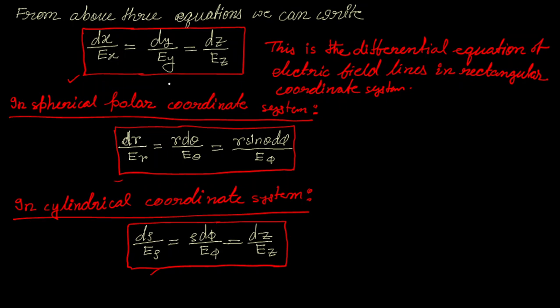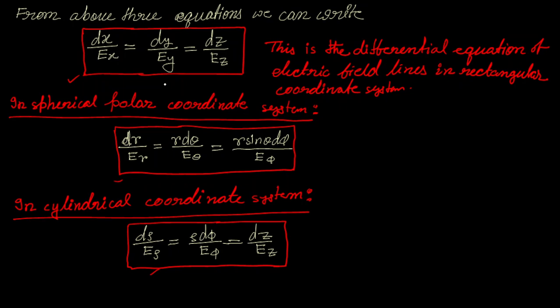So for any kind of charge, if we want to write the equations of electric field line, first we have to consider any arbitrary point. Depending upon if it is rectangular coordinate system, then we will consider point x, y, z. If it is spherical polar coordinate system, then r, theta, phi, and cylindrical coordinate system, rho, phi, z. And then, whatever the charge distribution is given, because of that we have to calculate the electric field at that point.